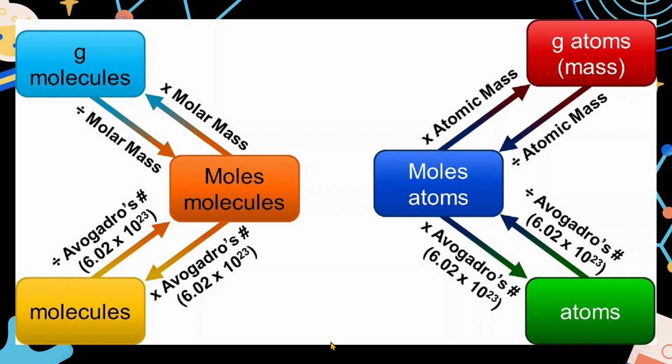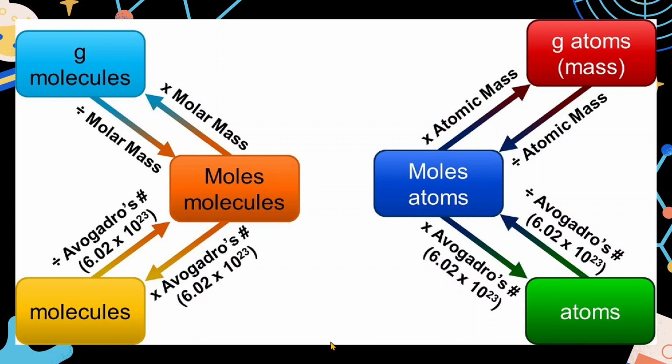To summarize, when you want to convert mass to moles or molecules, we need to divide the substance mass by its molar mass. If you want to convert it back to mass, we need to multiply the number of moles or molecules by its molar mass.